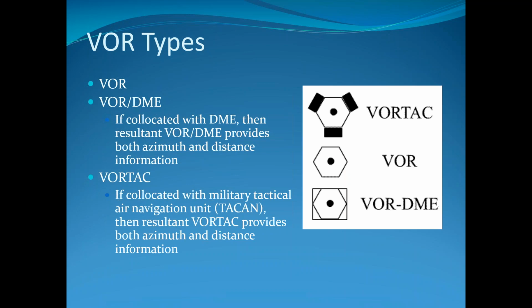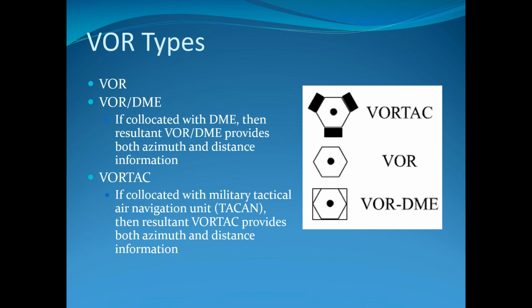So when you look at VORs, they'll either just be a standard VOR, or they'll be a VOR DME, or they'll be what's called a VORTAC. A VORTAC is essentially just a VOR DME, except that the TAC side of it is used for military purposes. So it's just a VOR that is used for both civilian and military navigation. So when you see VORTAC, just know that for you, it's the same as a VOR DME.